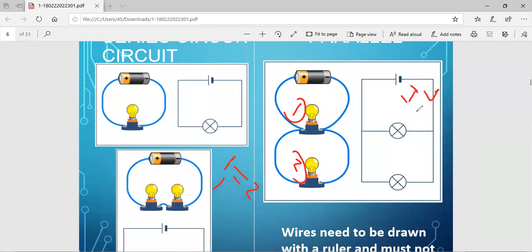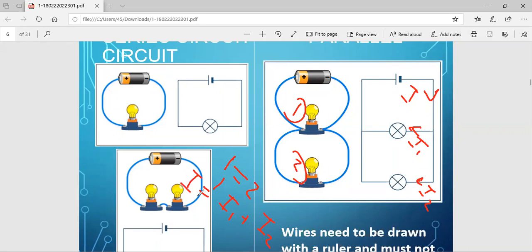And you can predict that if you have here I1, and this is I2, then I1 plus I2 will be equal to I, the capital I. Why?